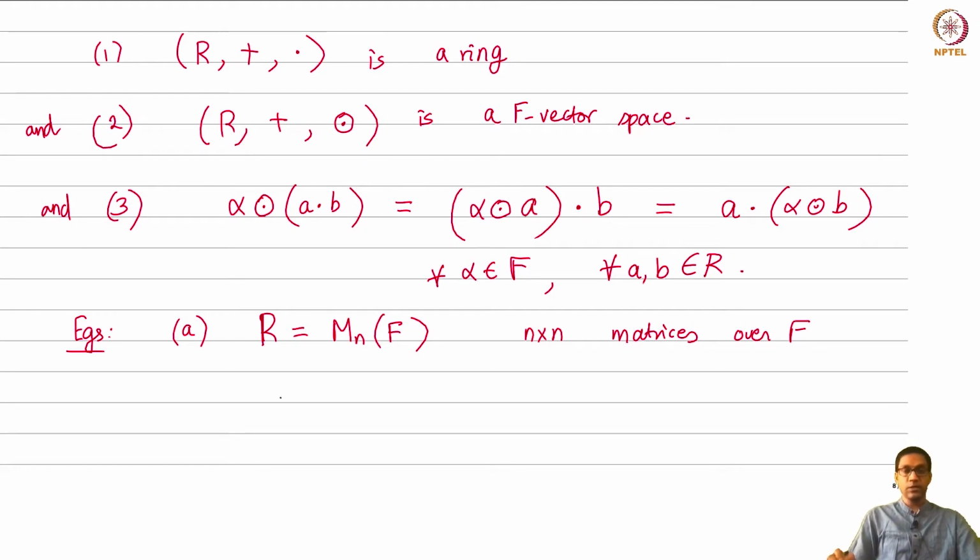Now observe what the multiplication and scalar multiplication are. This is, of course, a vector space over the field F. You just scalar multiply by multiplying every element of the matrix by the given scalar. This is also a ring, with the usual matrix multiplication. And the key point is that these two structures, the scalar multiplication and the multiplication, satisfy the compatibility axiom.